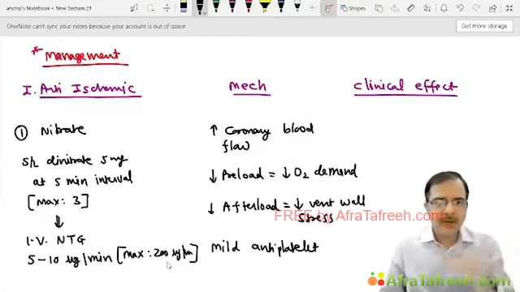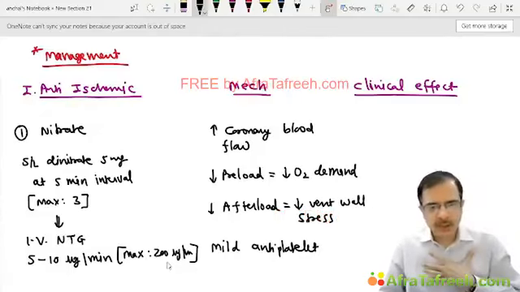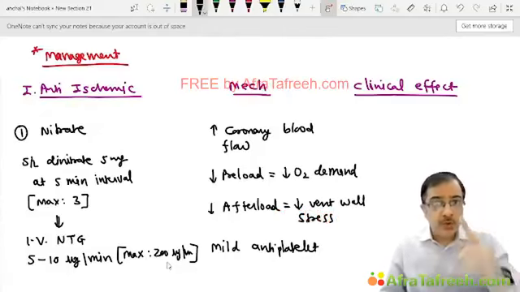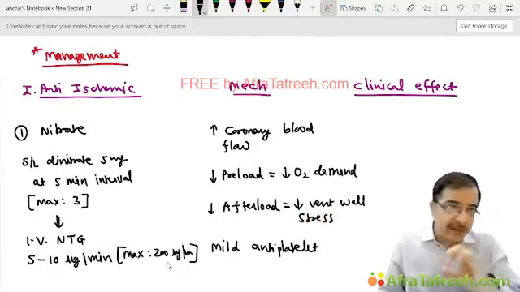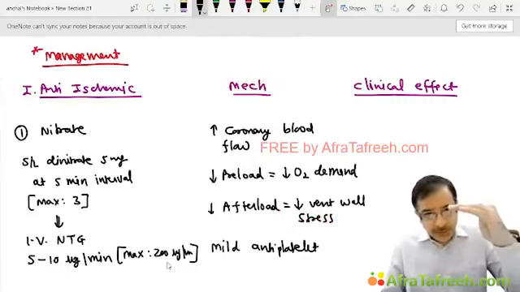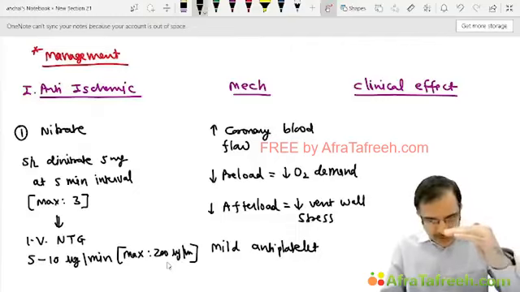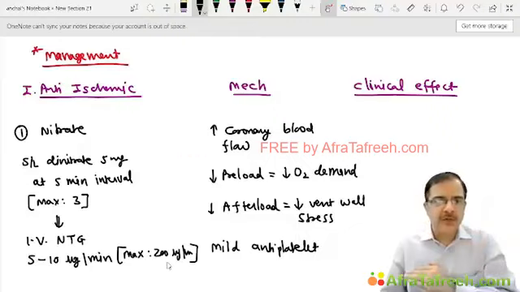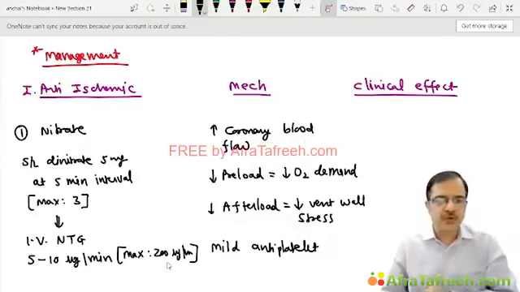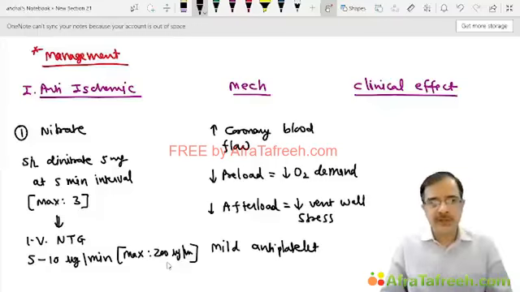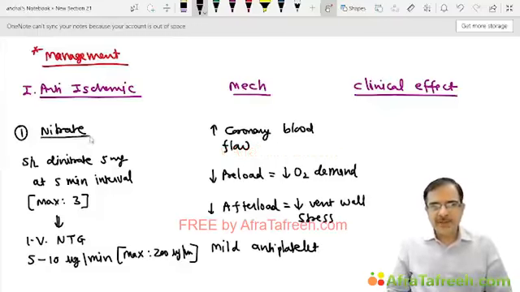Also know that if you are treating a patient with intravenous nitroglycerin at a higher dose and the patient says the chest pain is all right, do not stop it abruptly. If you are stopping the NTG, it should be with a titrated reduction of the dose rather than abrupt stoppage, because it can cause rebound ischemia.